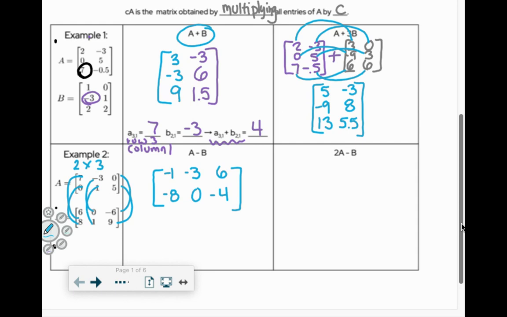That's it. One more at the end, 2a minus b. I'm going to go ahead and erase this over here. 2a, let's go ahead and jot that down really quick, is going to be on the top row, 14, -6, 0, 0, 2, 10. And then we are going to subtract b from this.